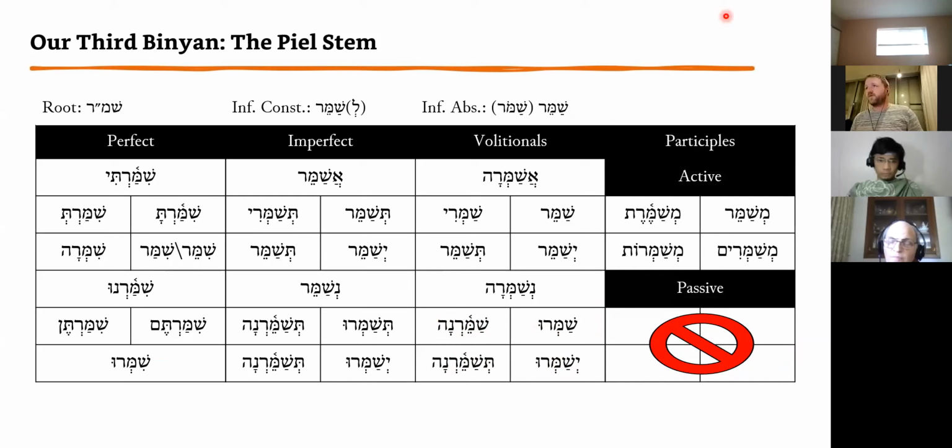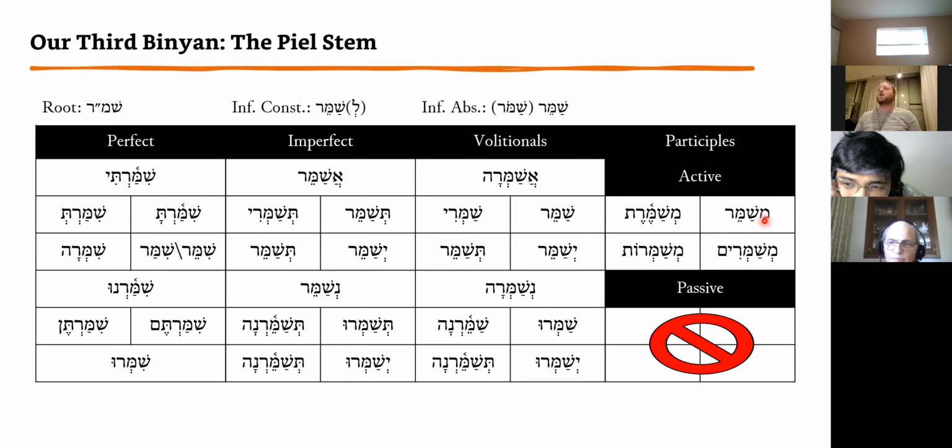Just like with the nifal, the piel does not have a passive participle because the piel has a passive as the pual, so we don't need a piel passive participle. We'll just use the participles of the pual for it. So mishamer, basically you have just like you'll have in the future, yeshamer, drop the yod and add a mem.